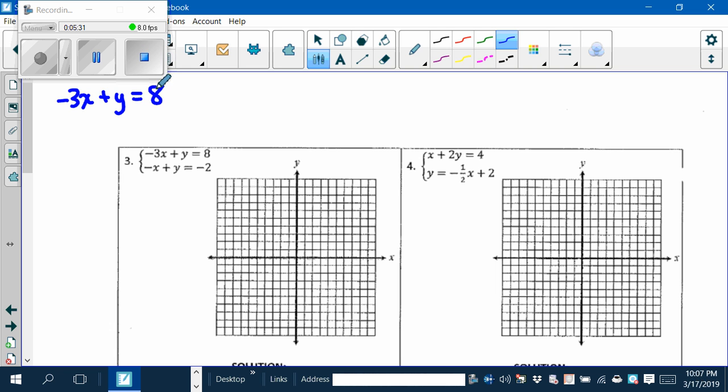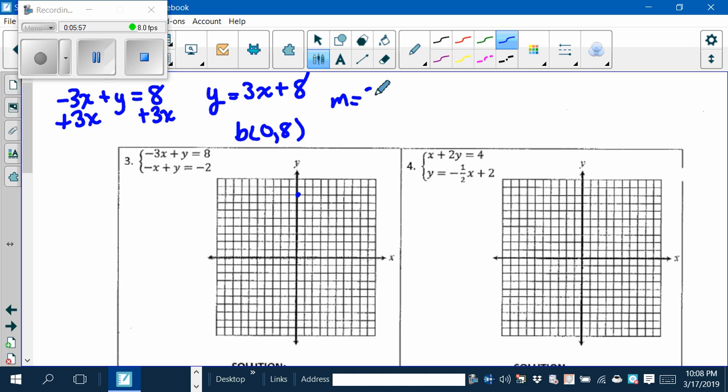In order to put this into slope-intercept form, I need to get y by itself, which is what I call solving for y. So I add 3x to both sides of the equation, and I get y equals positive 3x plus 8. My y-intercept is (0, 8), which is right here, and my slope is 3 over 1.